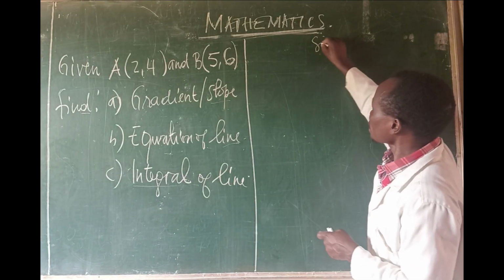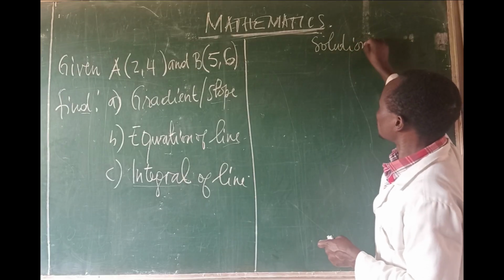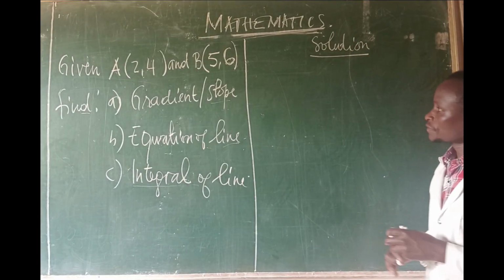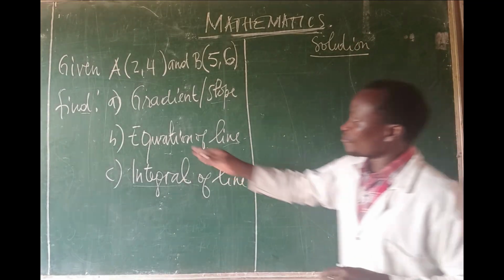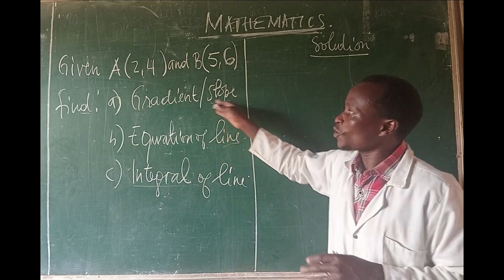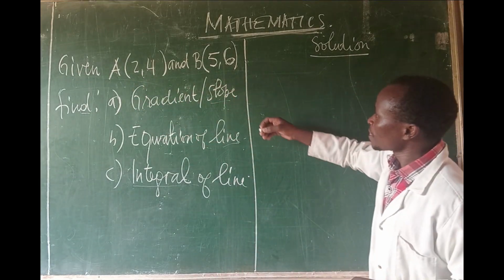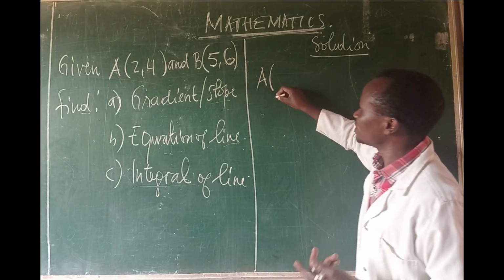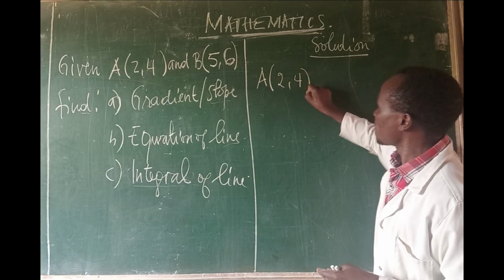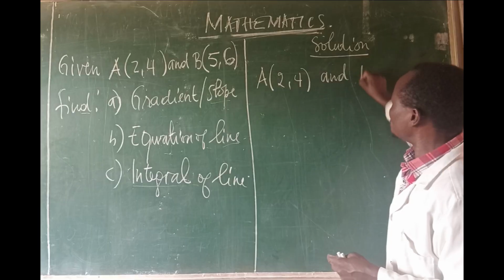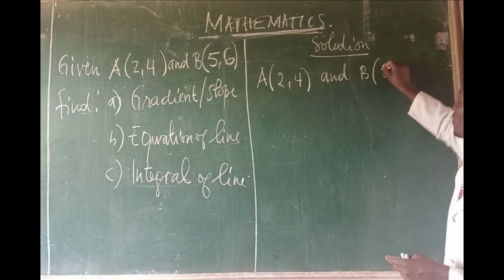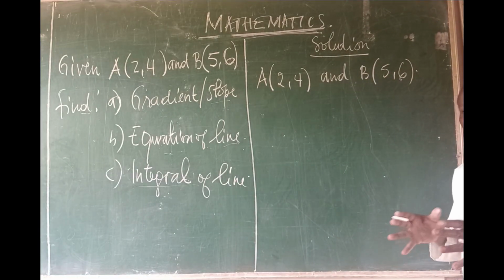Now this is the solution. The first one, we have been asked to find the gradient. It depends on the points that you have been given, right? So we have point A, which is (2, 4), and point B, which is (5, 6). Are you together here?